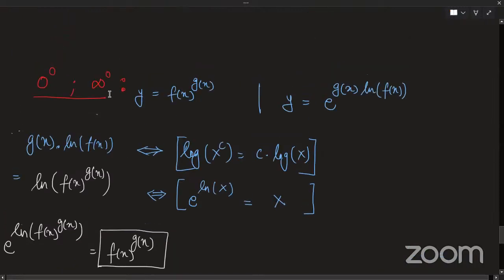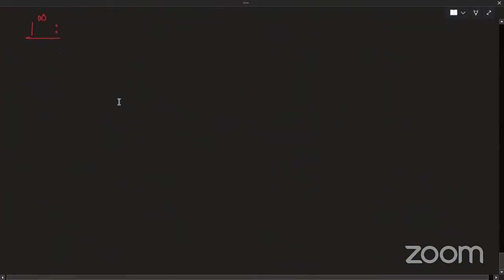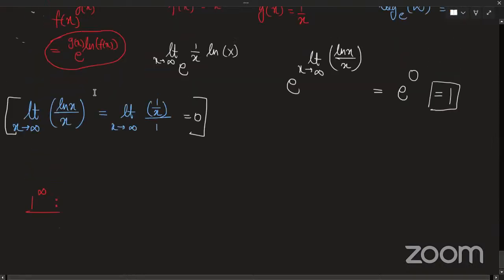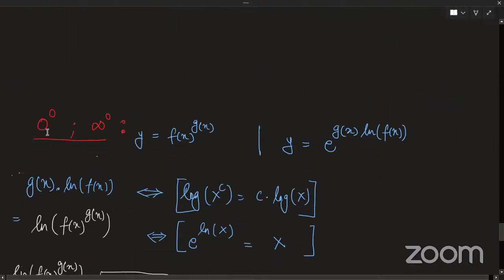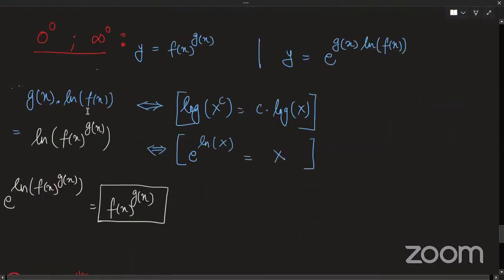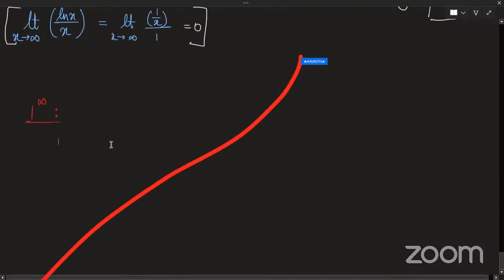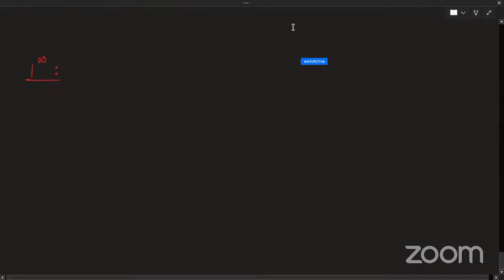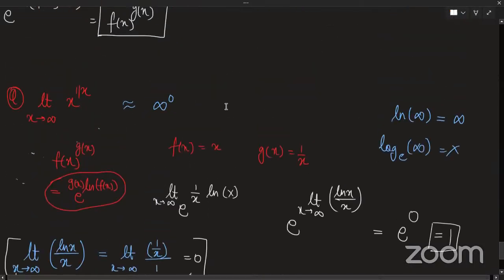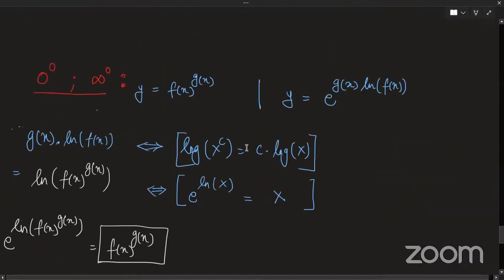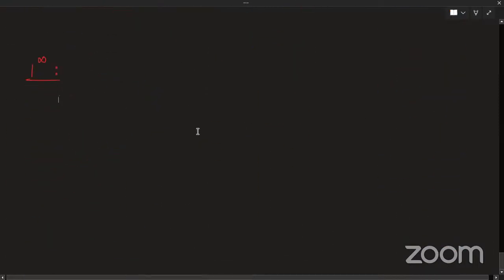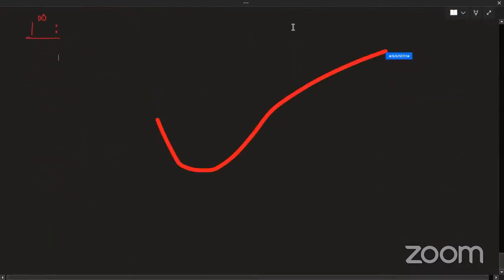The difficult cases are 0 by 0, infinity by infinity, or 0 multiplied by infinity. In these three easy cases, you have a special way of solving, because of the infinite expansion. So there is only one method of solving.